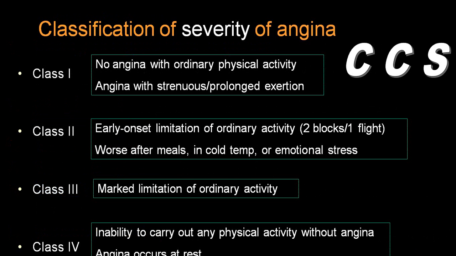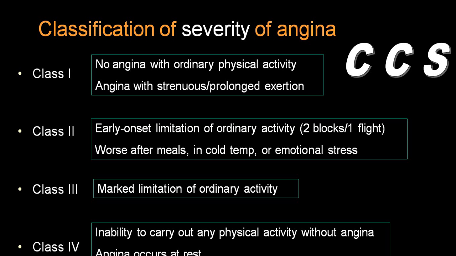As far as severity is concerned, it is divided into class 1, 2, 3, 4. No angina with ordinary physical activity, angina comes only on strenuous exercise or prolonged exertion, then it is called class 1. If there is early onset and a limitation of ordinary activity, where the person gets pain by walking 2 blocks or climbing 1 flight of staircase, it is worse after meals, on exposure to cold temperature or emotional stress, then we call it class 2.